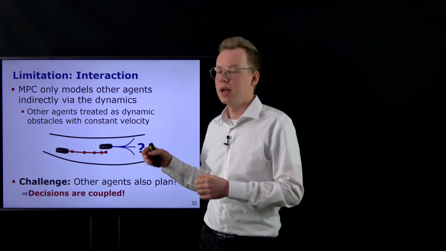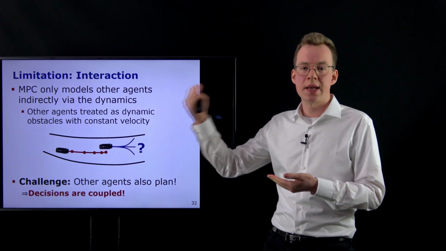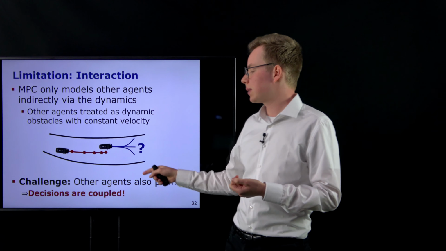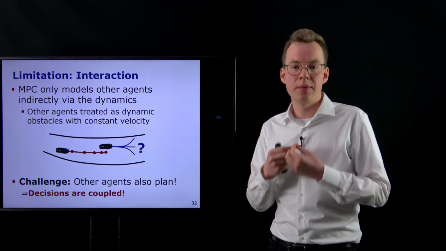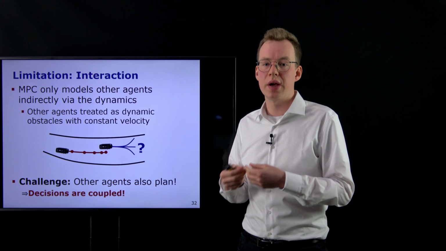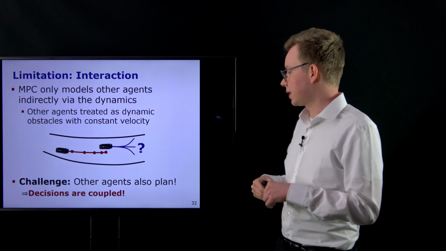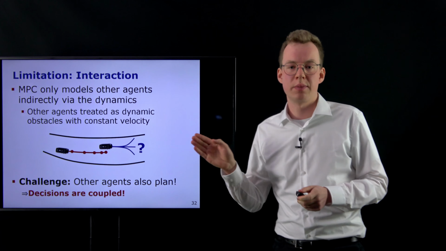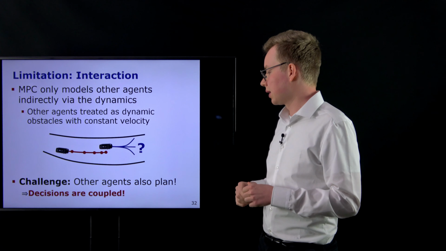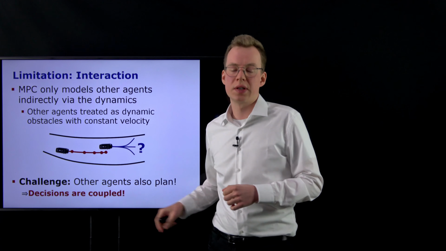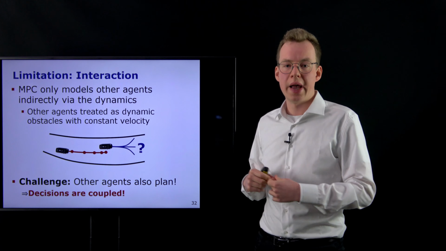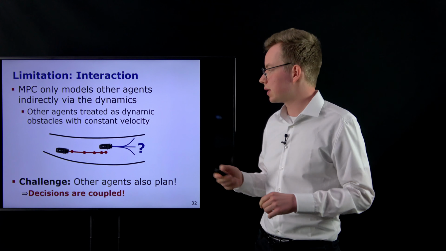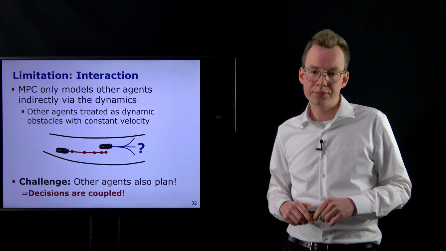However, the problem is that we typically can't statically predict where other players will be in the future, because these players plan as well, and thus their position in the future will depend on our own actions. Because if I drive close to this car, for example, it may swerve to the side. And so this decision-making process of multiple players is highly coupled, and that is something that is not captured by model predictive control, at least not by the vanilla formulation.